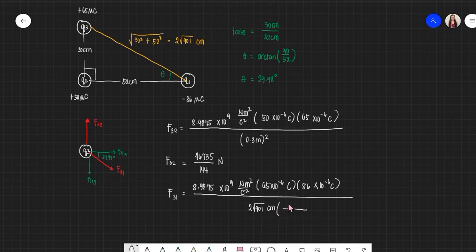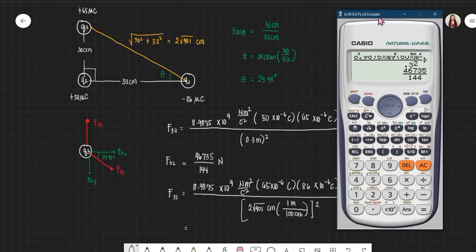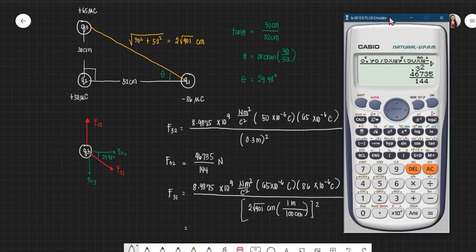So we'll just convert that to meters. 1 meter is 100 cm. And then we'll raise that to the power of 2. So let's just input everything in our calculator. We just change this 50 to 86.